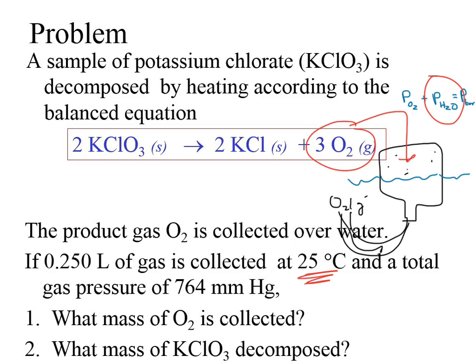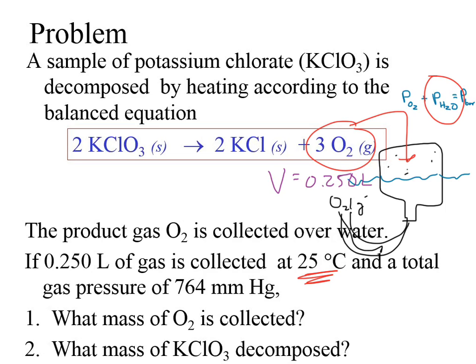All right, what else did they tell us? They don't give us the mass of the KClO3, but they do give us the volume containing both of those gases, 0.250 liters.